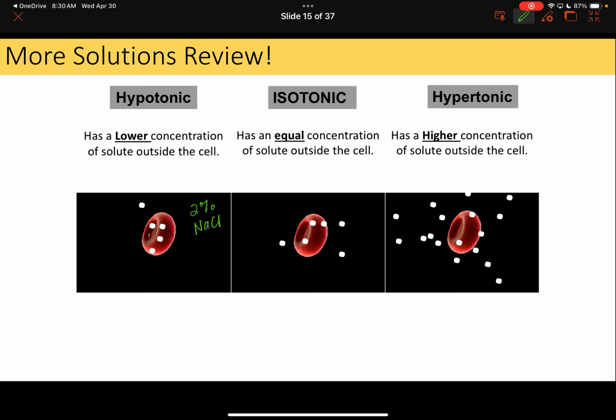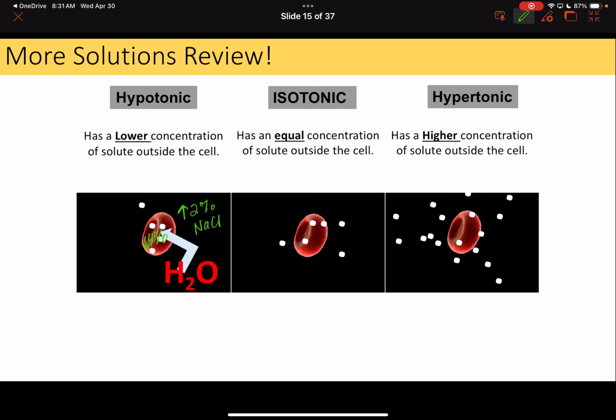Inside the cell, and I'm just throwing out random numbers, we had 4%. So it's less concentrated on the outside. And like you said, water is going to tend to move into the cell in order to bring this concentration down. By removing water from that outside environment, that's going to bring this concentration up until they reach equilibrium. Okay. Everybody's still okay with that from last semester?